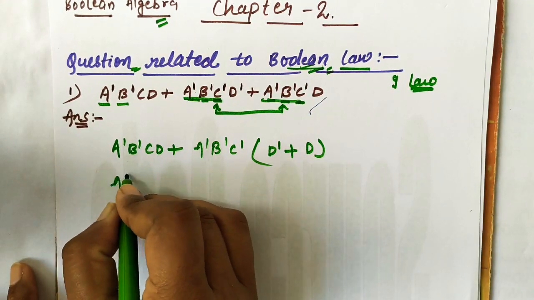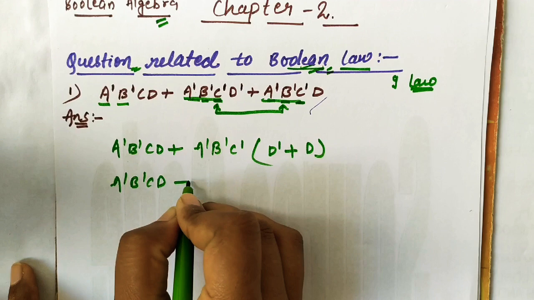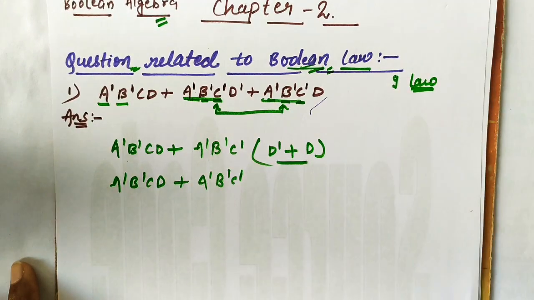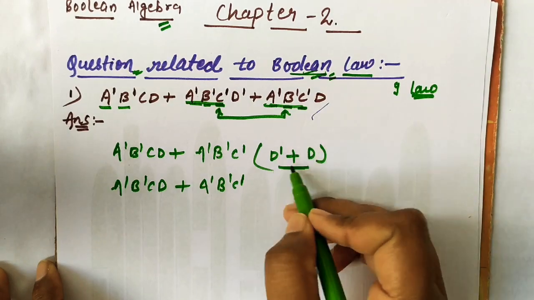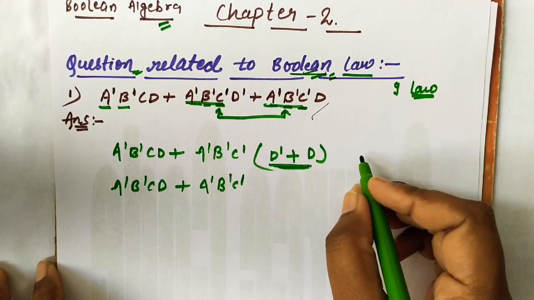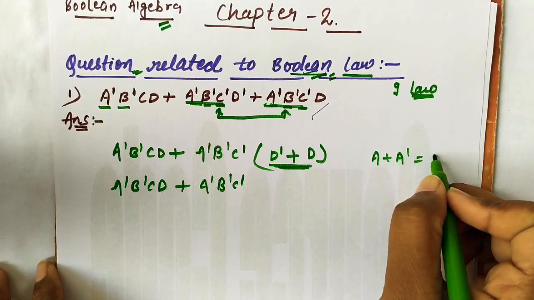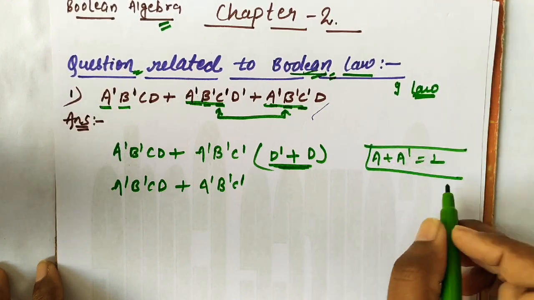So the expression is a' b' c d plus a' b' c' times (d' plus d). In this part we use the complementary law. What is the complementary law? A plus a' is equal to 1.